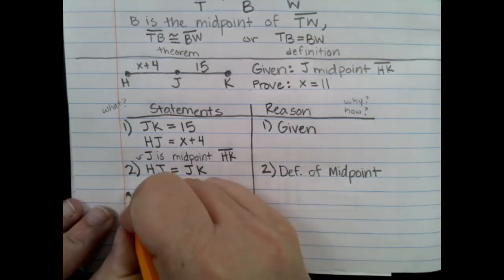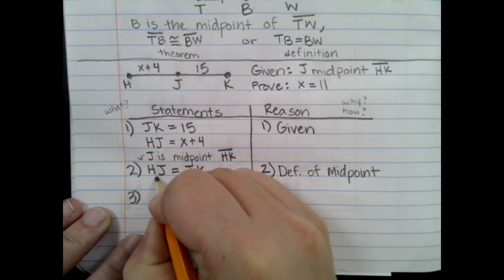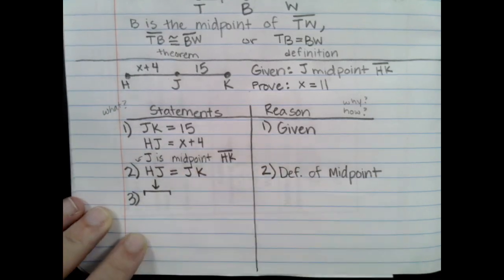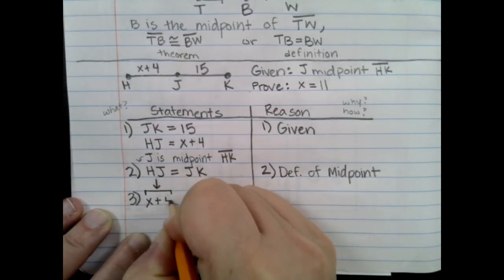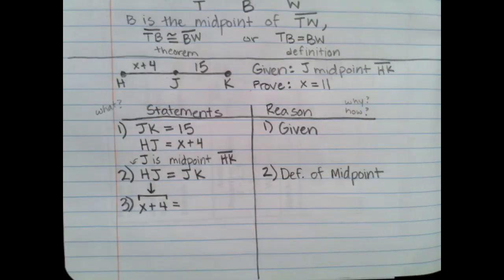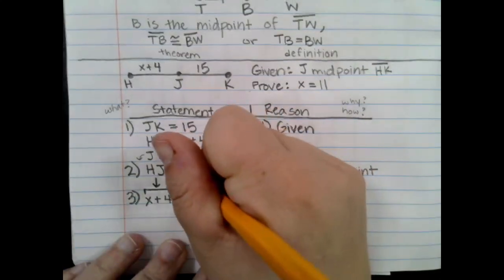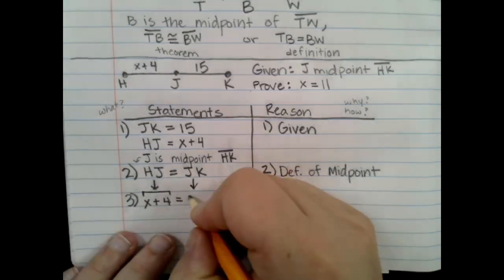Okay, step 3. I'm going to skip a line here so I can do a little bit of some arrows. HJ, what did we say HJ is the same as? We said it was x plus 4. So I'm switching it out for something it's equal to. And instead of saying JK, what did we know JK was the same as? 15.